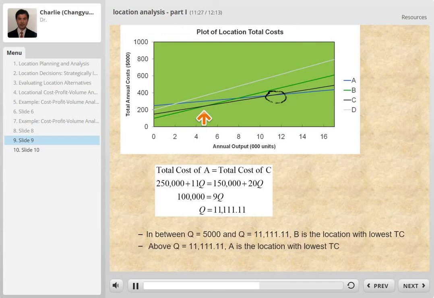We know this point is 5,000, and this point, we just solved it. So we know that in between Q equals 5,000 and Q equals 11,111.11, C is the location with the lowest total cost. What about when it goes beyond this point? We know that it's the blue line. So above Q equals 11,111.11, A is the location with the lowest cost.